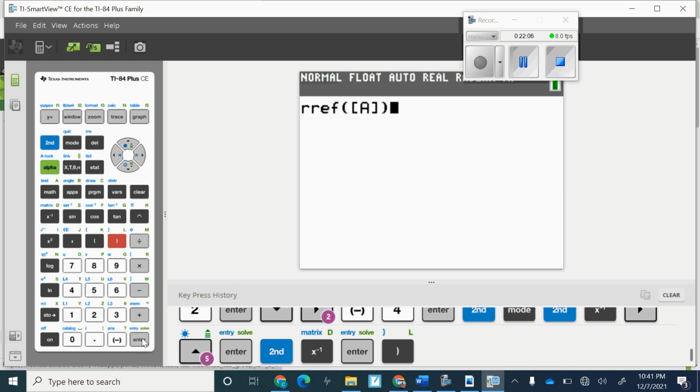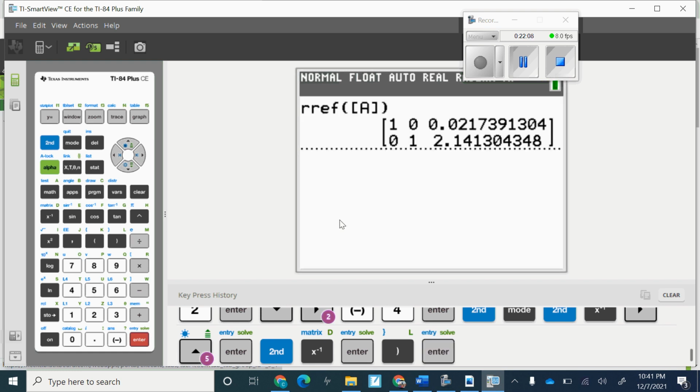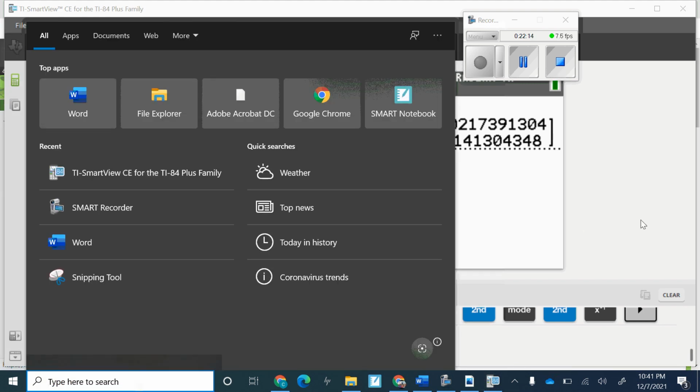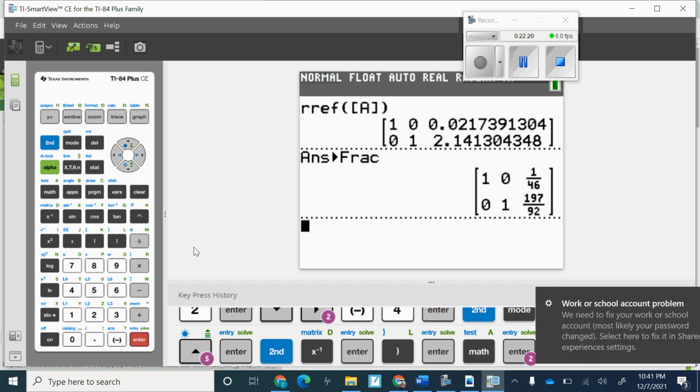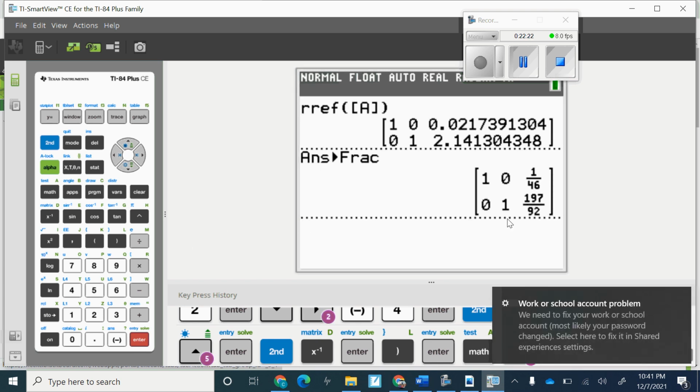And then I'm going to hit enter one more time. You should see this happen, and actually I'm going to hit math and convert these to fractions if possible. Yeah. I just hit math enter, and it converted my decimals to fractions.